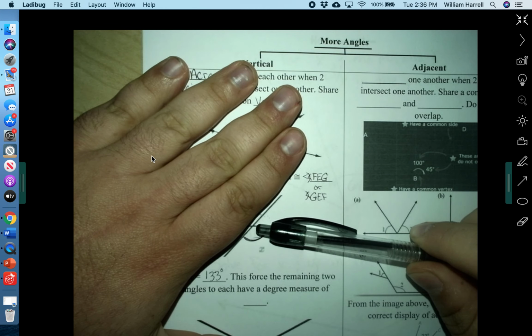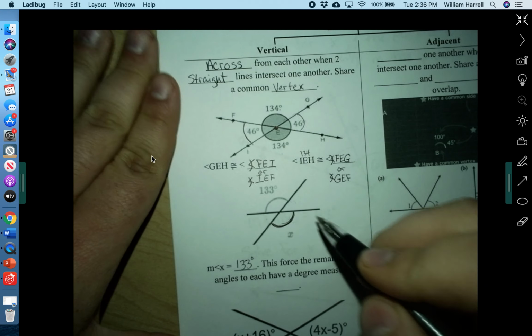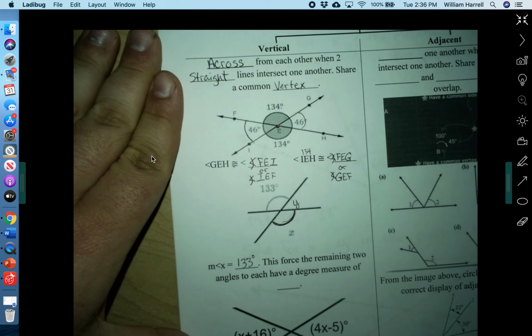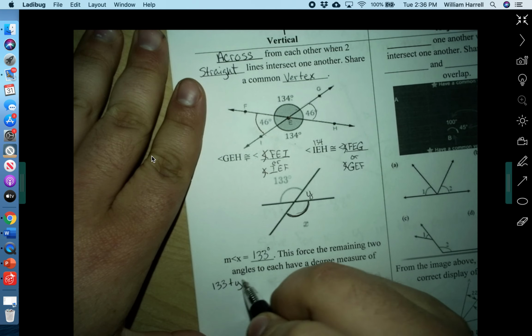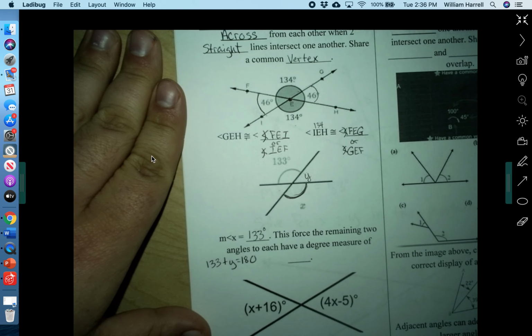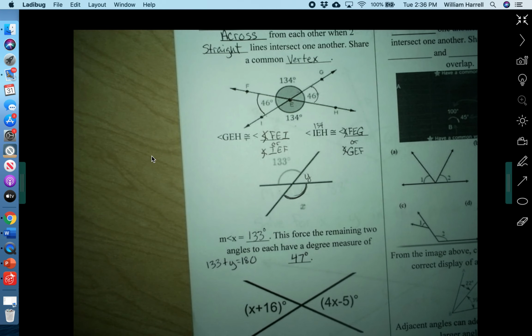So this piggybacks back to supplementary angles. Well, if one angle is 133, I'm going to put a variable here, y, so 133 plus y equals 180, find y. Okay, y turns out to be 47 degrees.